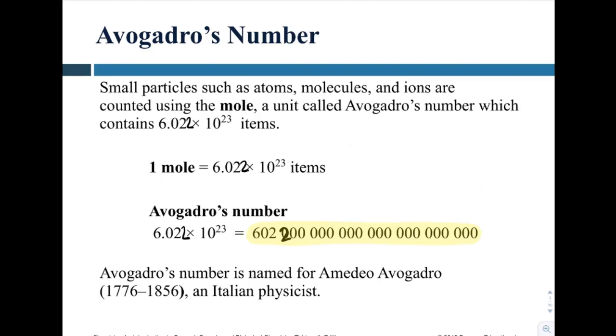Well, we're counting tiny little things like atoms, molecules, and ions, and because they're so small, we need a really big number to count them, because counting each individual doesn't make a lot of sense. If you have 1 mole of something inside of that small amount of sample, which you'll see in a second is a very small number, you have this many particles of that thing.